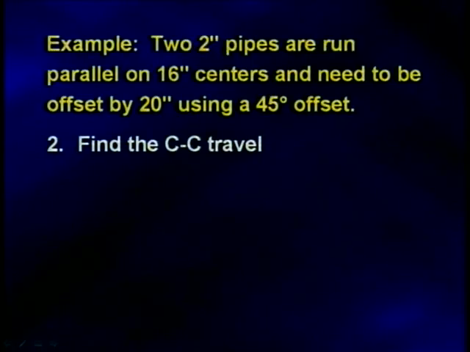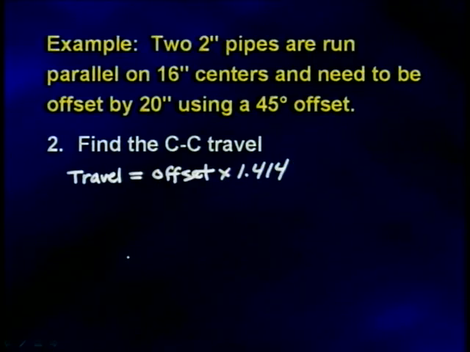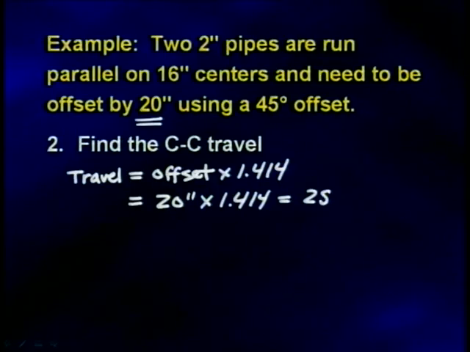Now let's find the center-to-center travel. The travel should equal the offset times 1.414. The offset in this case is 20 inches. So multiply that by 1.414, and you'll get 28.28 inches.